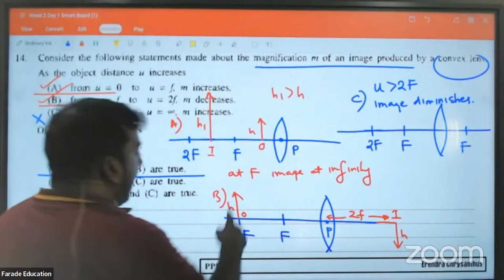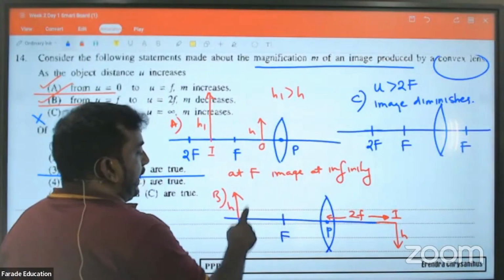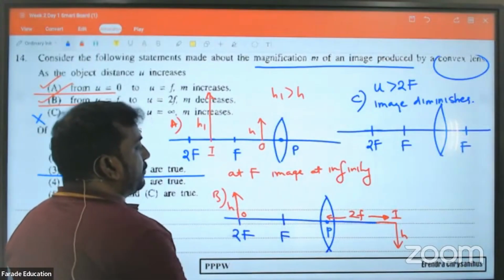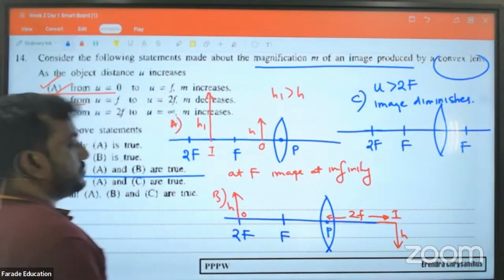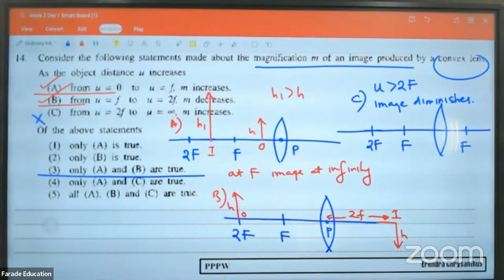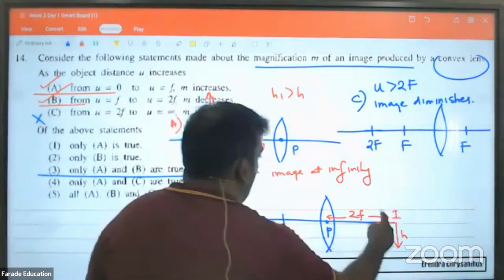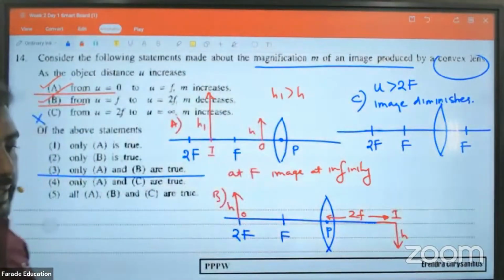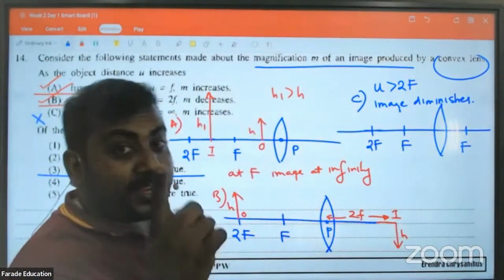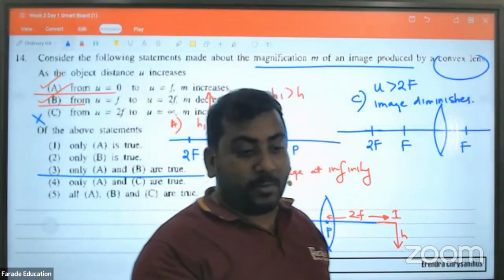This is because if we place the object at 2F, the image will also form at 2F, correct?